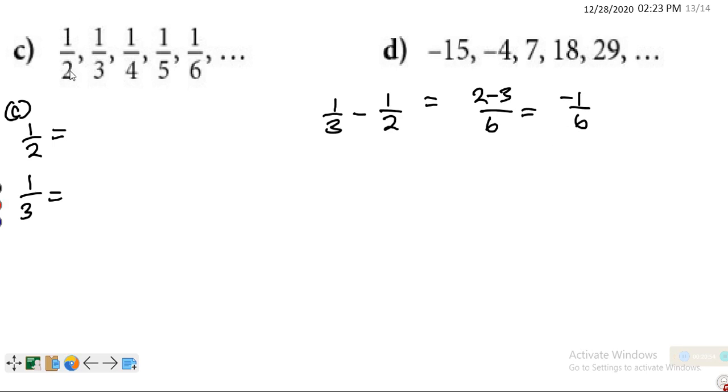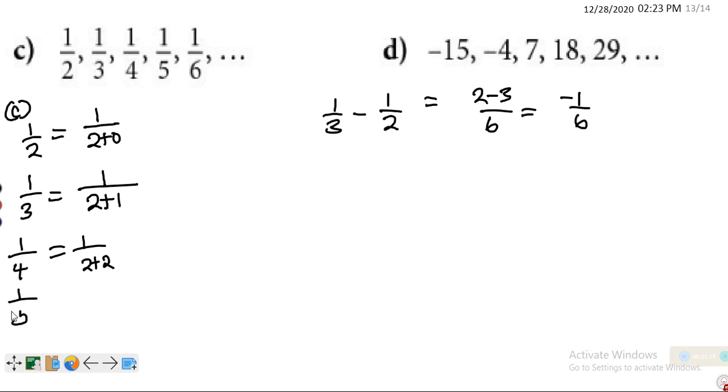So the first term is 1/2, second term is 1/3. So let's say this is 1/2 plus 0. This is 1/2 plus 1. 1/4 is 1/2 plus 2. 1/5 is 1/2 plus 3.